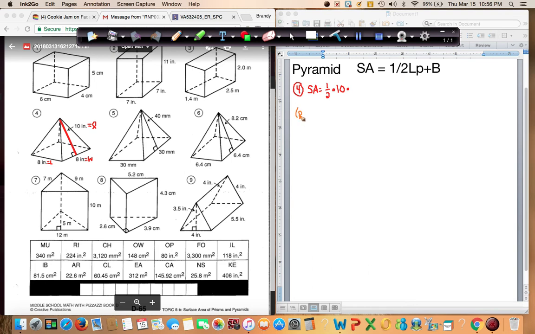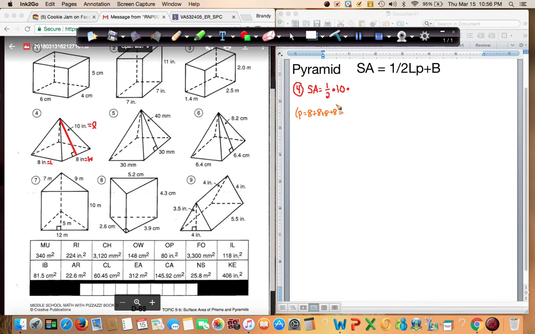So remember here, I'm going to do this down here. Perimeter is the sum of all the sides, right? So you want perimeter of the square. So you want 8 plus 8 plus 8 plus 8. We have 4 sides on a square. They're all the same. Now, could you do 4 times 8? Sure, you absolutely can do that as well.